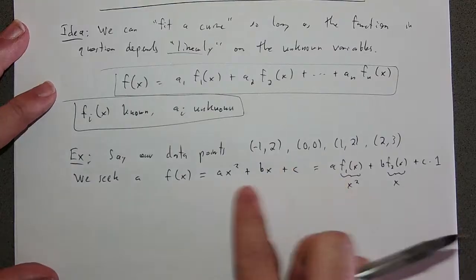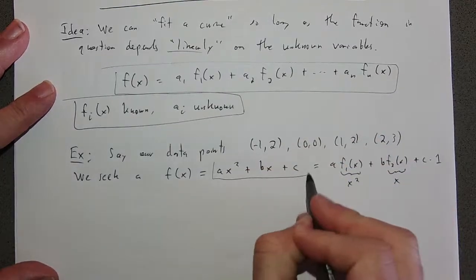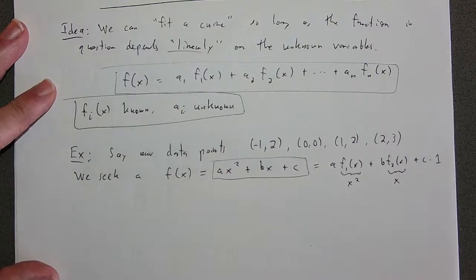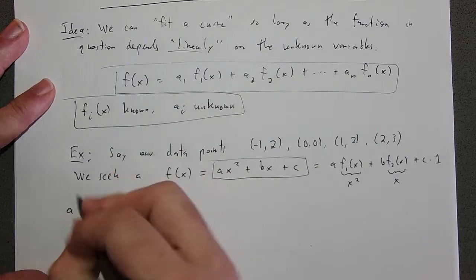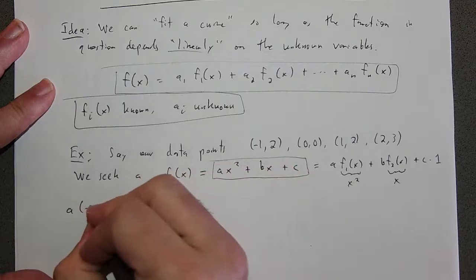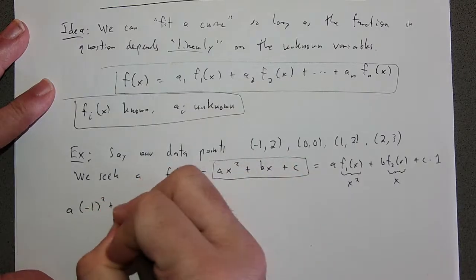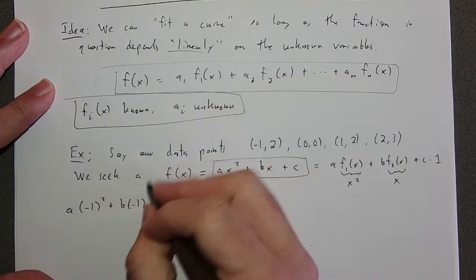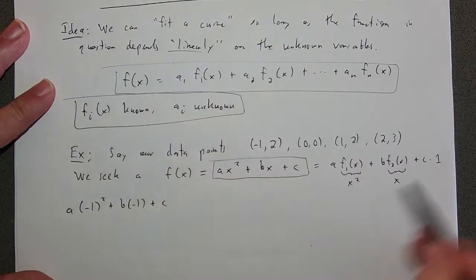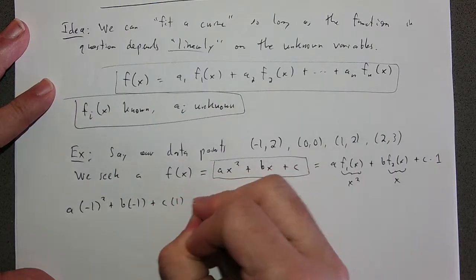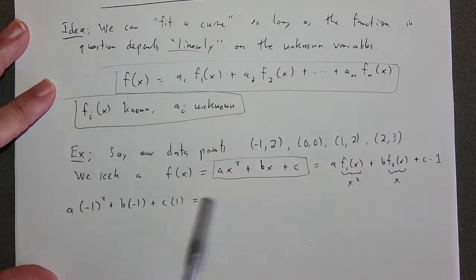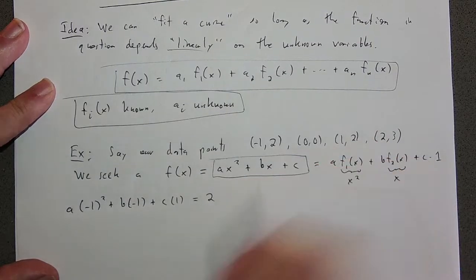But what would it mean for all of these points to lie on the parabola? Well, for the first point to lie on the parabola, it means that a times minus 1 squared plus b times minus 1 plus c times 1, if you like, is equal to 2, the y value for that point.